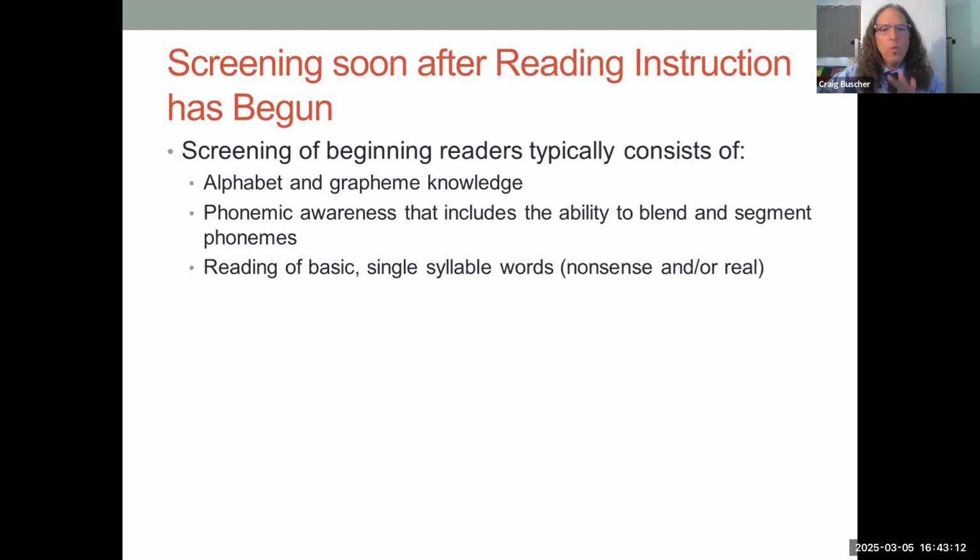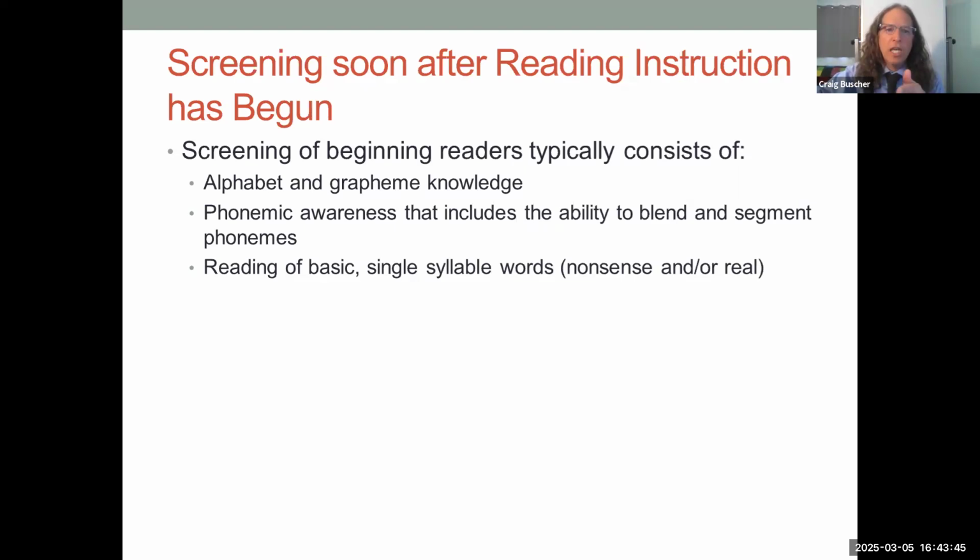All right. So once reading instruction begins, we still want to screen, but the screening is going to look a little bit different. You're still probably going to assess alphabet knowledge, or what we start to call grapheme knowledge. So do you know what a CH represents? Do you know what two E's represent? It's not just about single letters now. It's about these letter combinations that represent sounds. And then we're still going to look at your phonemic awareness, but typically now we're not looking at your beginning sound awareness.